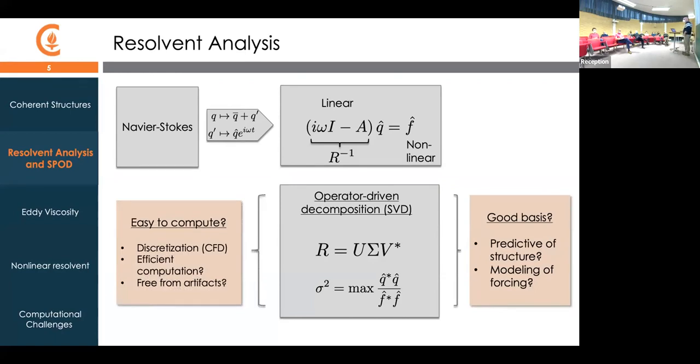I'm also interested in computation generally, so I also want to stress that this resolvent is not always easy to compute. We would like it to be. We have to discretize the equations of motion using standard or very specialized computational fluid dynamics routines.